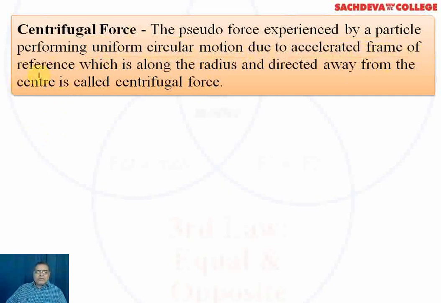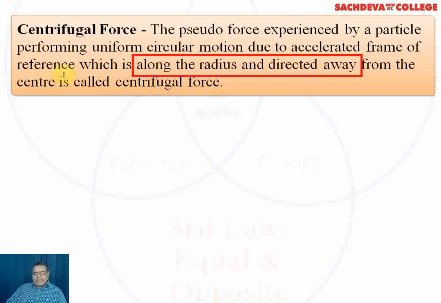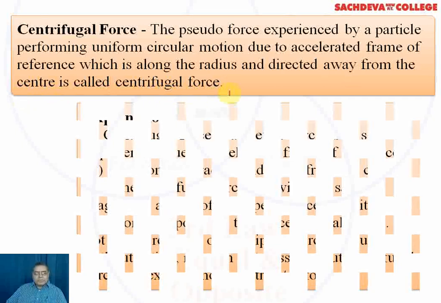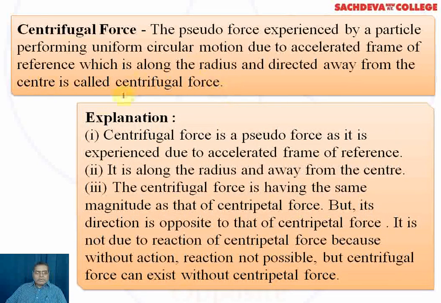This centrifugal force, or pseudo force, will exist only in the accelerated frame of reference, along the radius and directed away from the center. So whenever the particle is moving, the force away from the center along the line of radius is called centrifugal force.